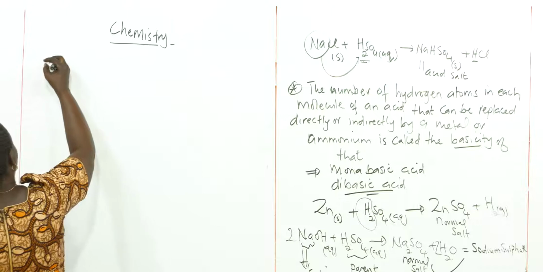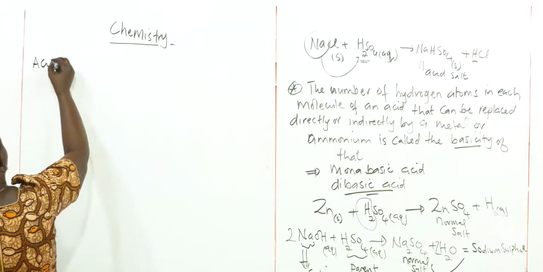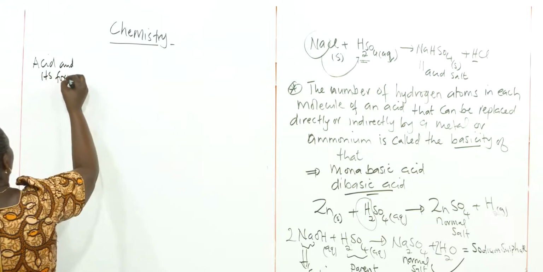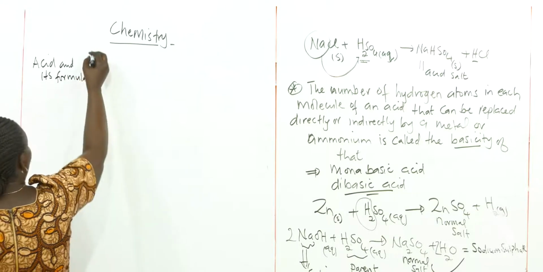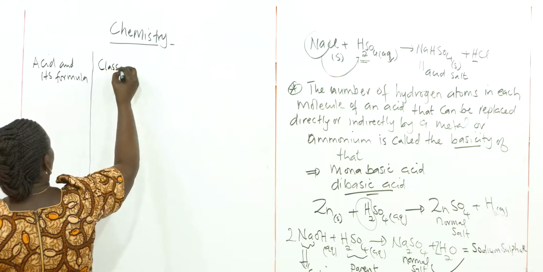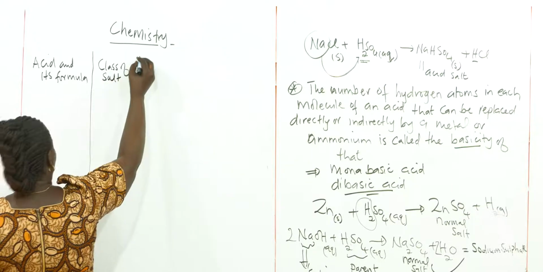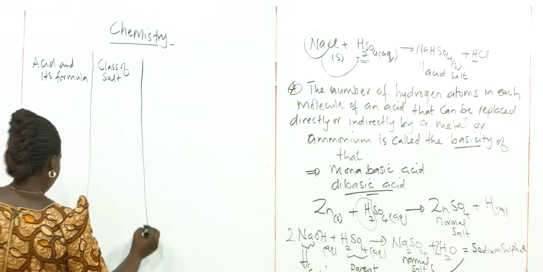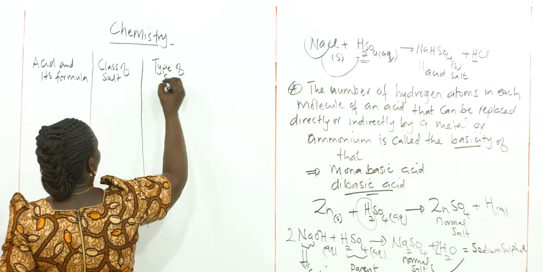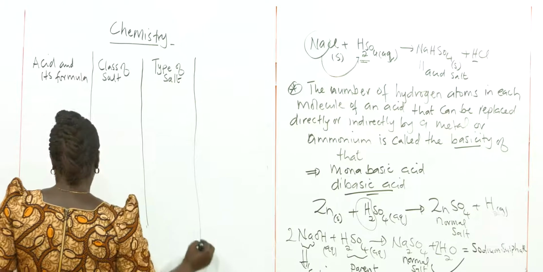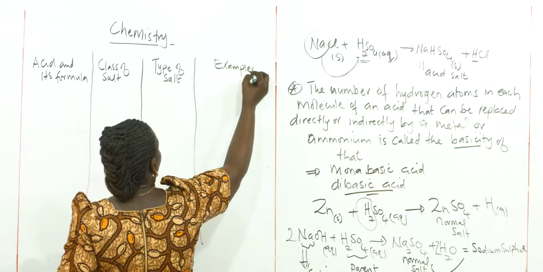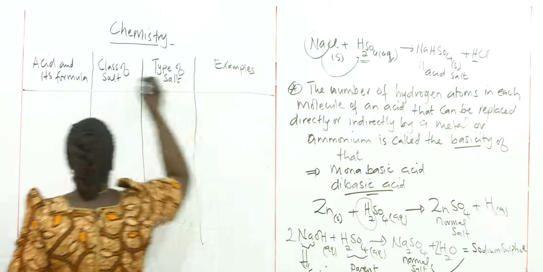We have a column of acid and its formula, then class of salt, then type of salt, then examples.